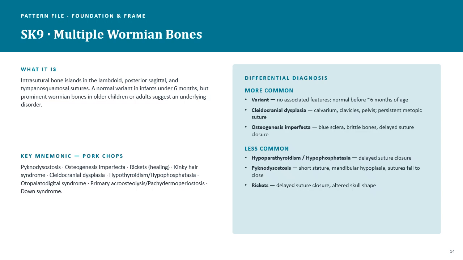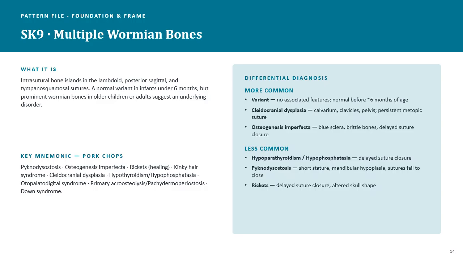However, when we're seeing wormian bones in older children and also adults, it can be associated with different conditions that can affect normal bone development. Some of those conditions you learned about earlier, that's osteogenesis imperfecta, also rickets and cleidocranial dysplasia, all of those can affect the wormian bones.